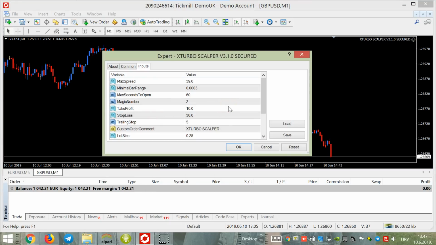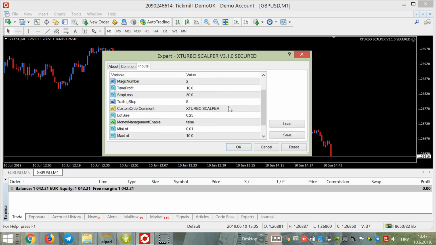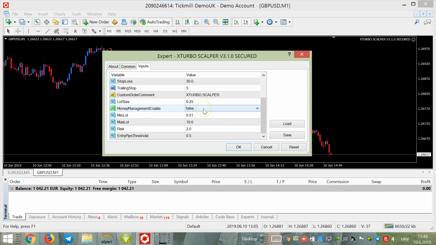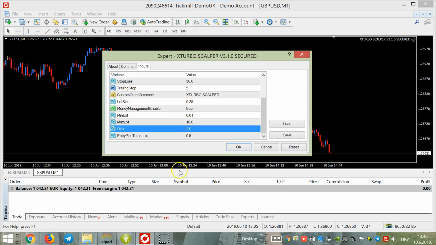So you see, money management is not enabled here. I trade with a fixed lot size, but if you want to trade with risk percentage, you put it on true and then set the risk, let's say 2%, which is a safe, conservative risk percentage. So if you lose one trade, you can lose only these 2%.